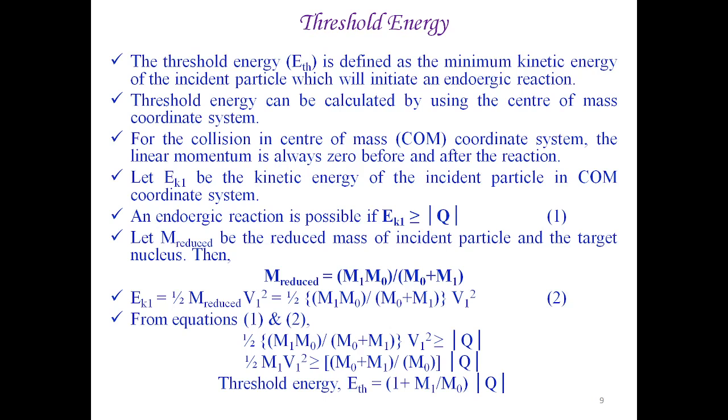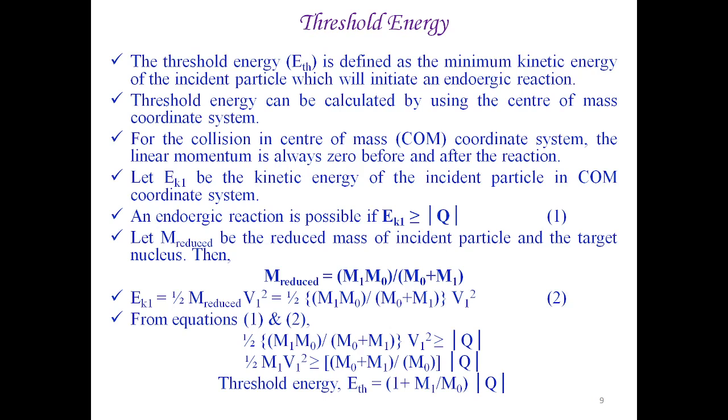So the frame is moving in which the nuclei and projectile are at rest. So this system, what we consider, is called the center of mass coordinate system. For the collision in the center of mass coordinate system, the linear momentum is always zero before and after the reaction.